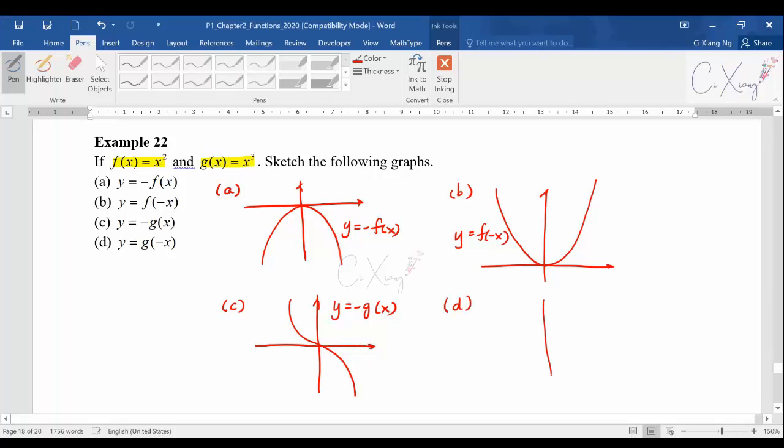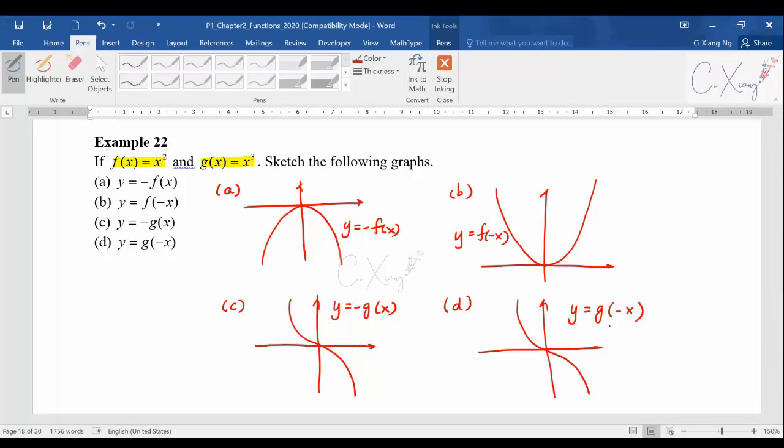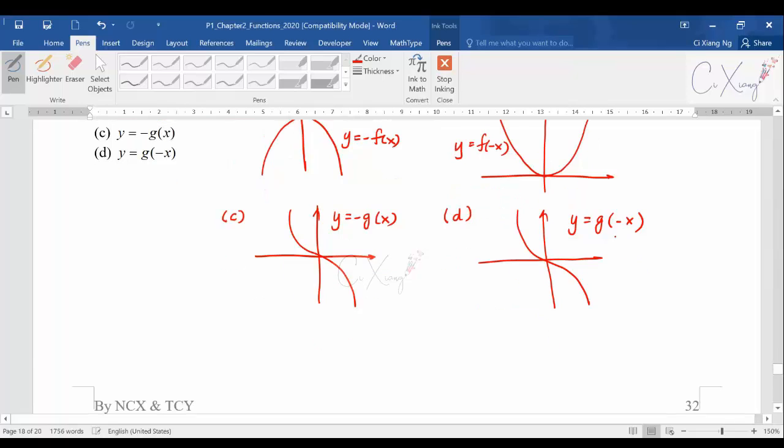Then you have g of negative x, which will give you the same graph also. So y equals g of negative x. This is what you have for the basic reflection. You should know about the reflection here. All these are very simple and straightforward.